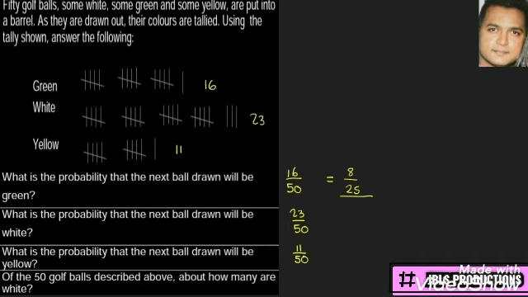The next question: of the 50 golf balls described above, about how many are white? That's a very easy question, so our answer will be 23, as you can see from the tally of the white color.